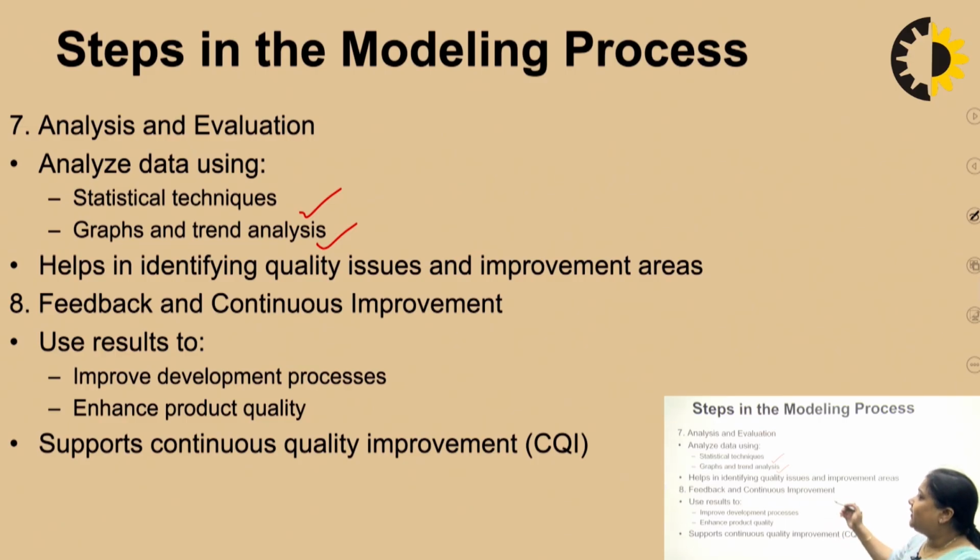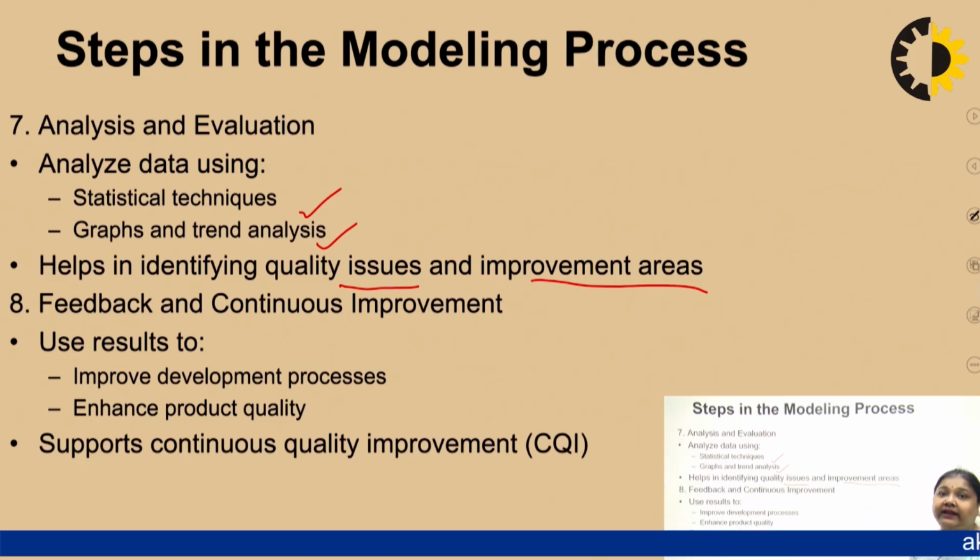This helps in identifying quality issues and improvement areas. Analysis always helps in identifying the quality issues and what improvements we can make in that area, or how to improve our code. So this is done using the analysis and the evaluation.